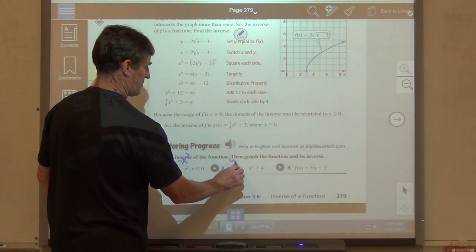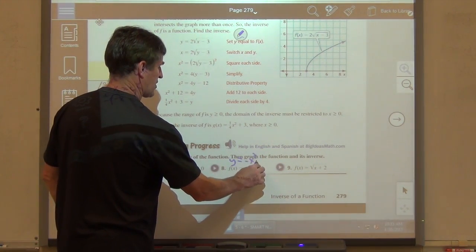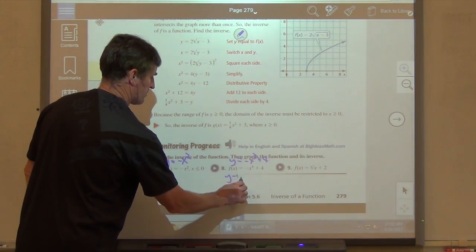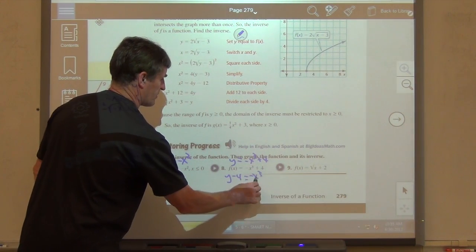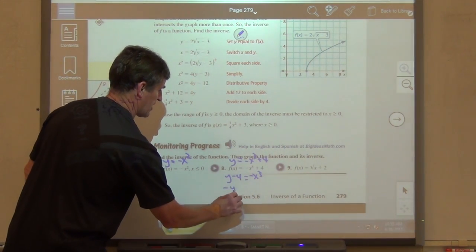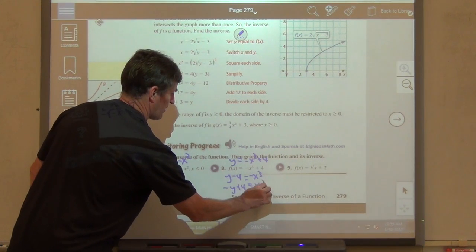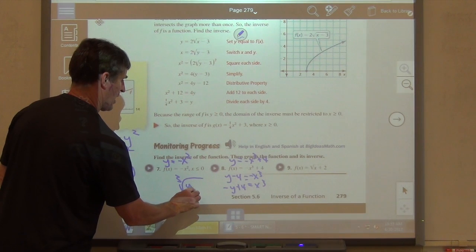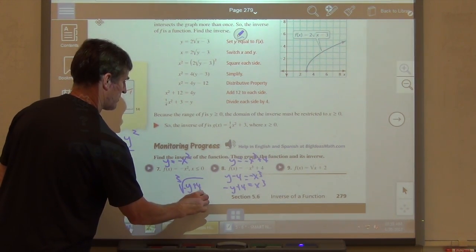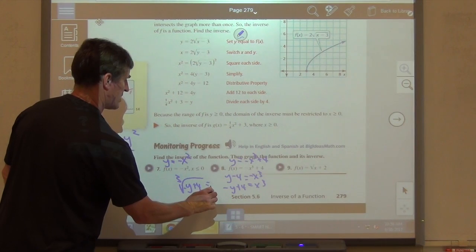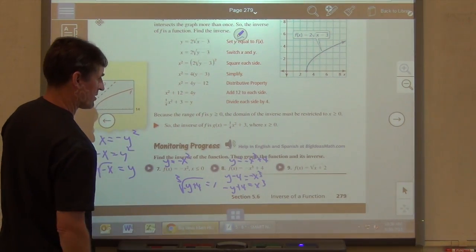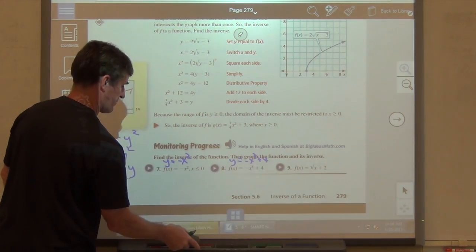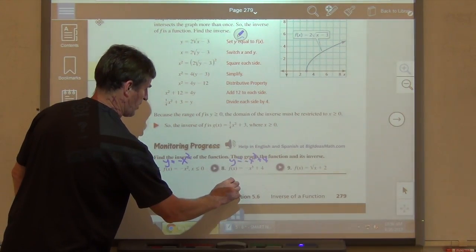This one, y equals negative x cubed plus 4. So again, we would subtract 4, get rid of the negative sign, change the sign of everything, and then take the cube root. So we switched the x and y.